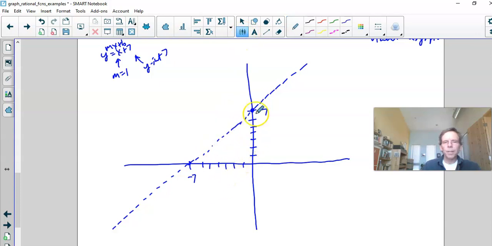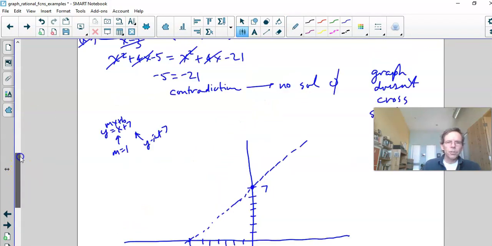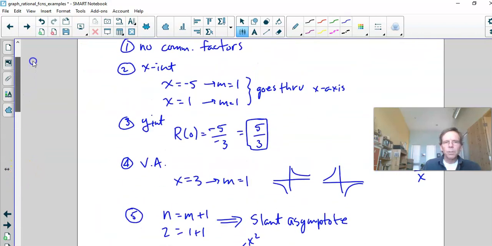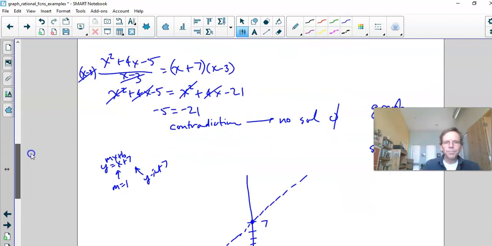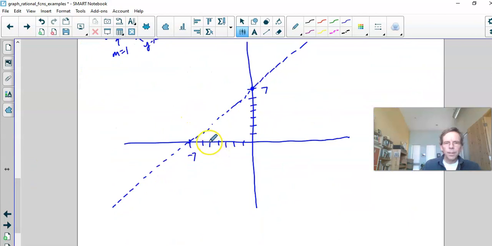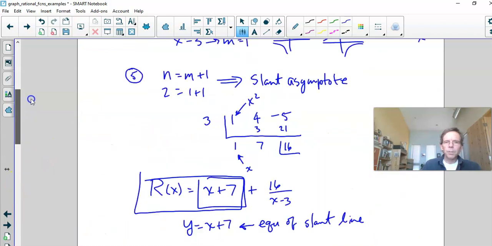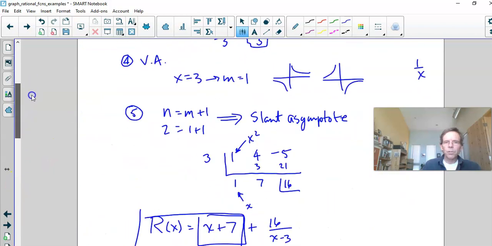Okay, better. So where were our intercepts? Negative 5 and 1. Negative 5 is there. 1 is maybe here. And where was our y-intercept? 5/3.